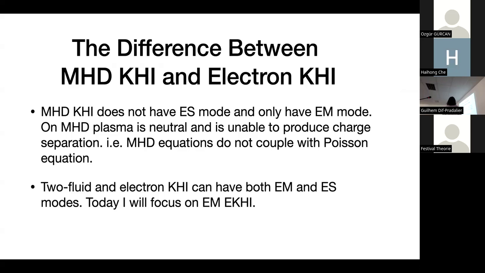In other words, MHD equations don't couple with the Poisson equation. And for the electron instability, obviously, we can have both EM and ES modes. Today, I will focus on the electromagnetic instability.